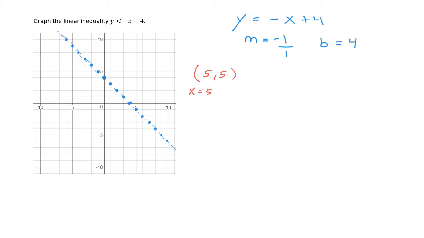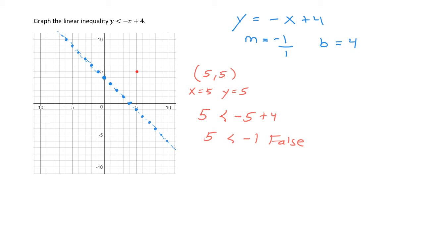So that's obviously 5 for x and 5 for y. I'm going to put that into my inequality and see what happens. So that is 5 is less than negative 5 plus 4, or 5 is less than negative 1. That's false.